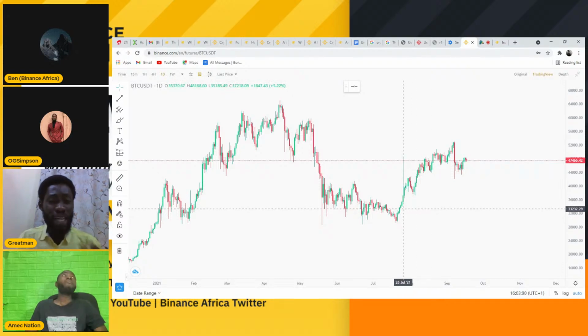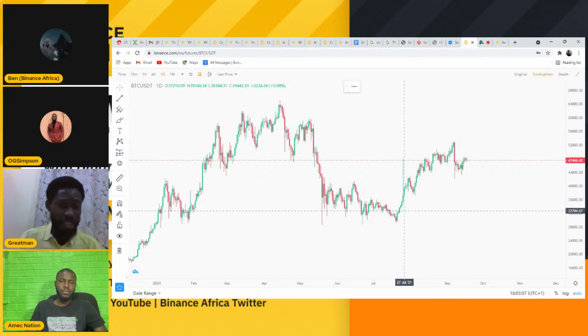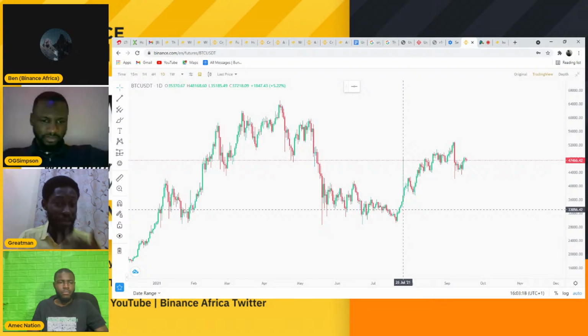So it's very good that you identify these levels on the market and know when to long the market and when to sell the market. Like I said, you're only meant to long the market on a verified support level, because most times the support level might be tested and it breaks.